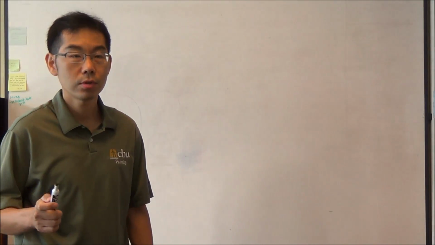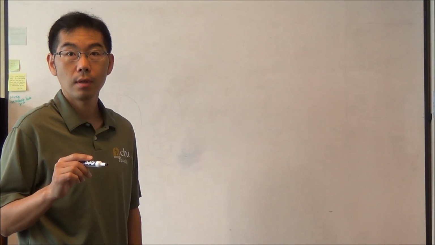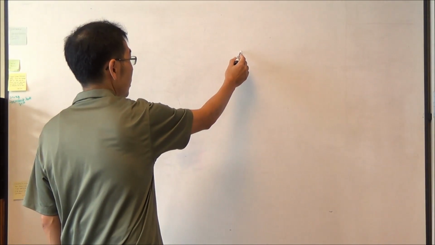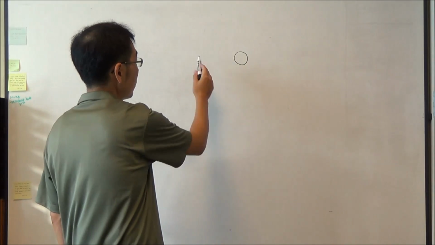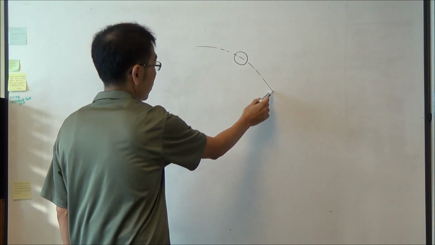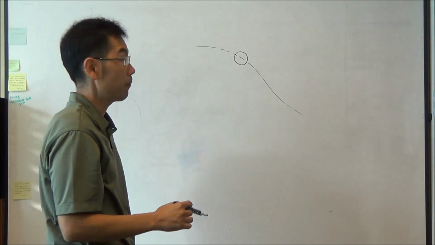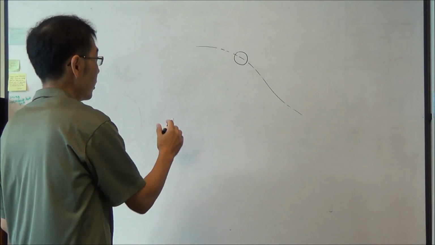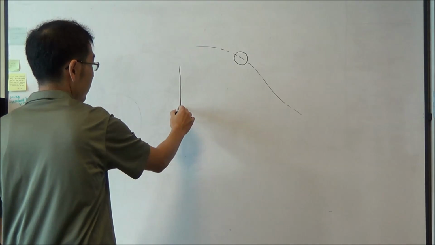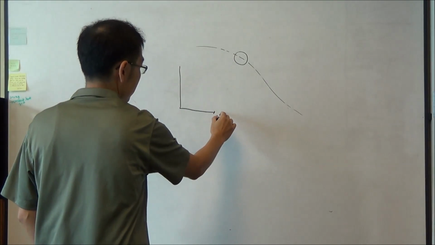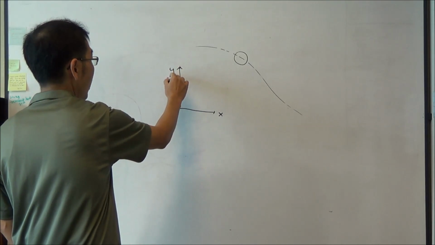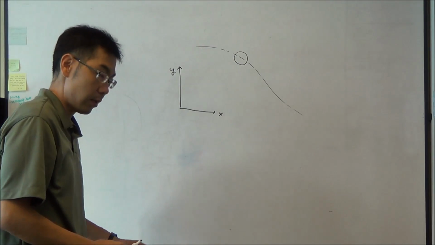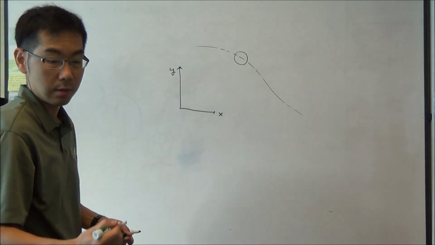When we describe motion, we first use a reference, right? Let's say this is a particle, and the particle moves along this curved path. How do we describe the motion? We first set the reference. This is my x, this is my y, and once you set the reference, each coordinate has a unit vector.